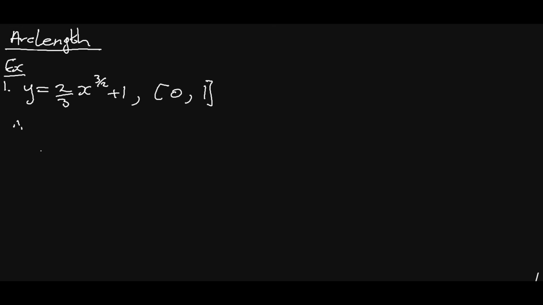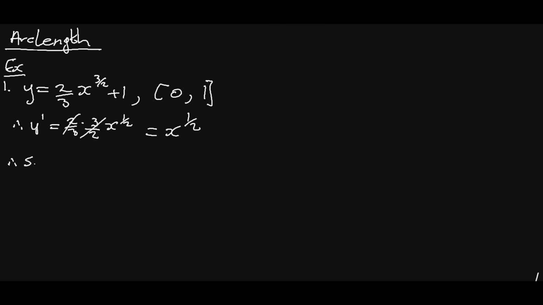So the formula we're using needs the first derivative. So let's try to find the first derivative here. It is equal to 2 over 3 times 3 over 2 x raised to 3 over 2 minus 1. Therefore, it's 3 minus 2, which is 1 over 2. So this simplifies to x raised to 1 over 2.